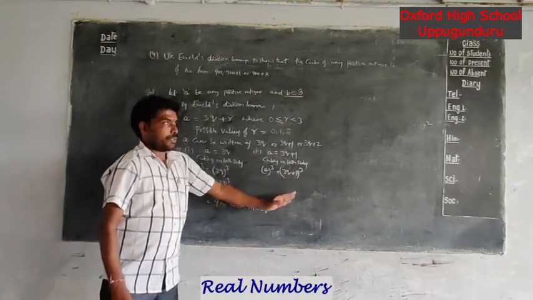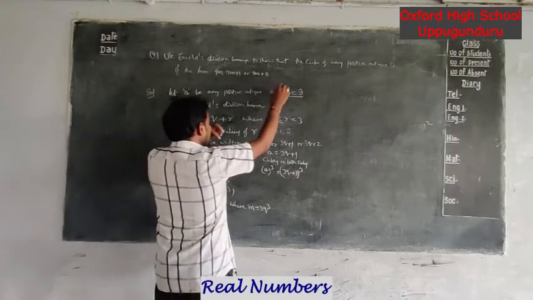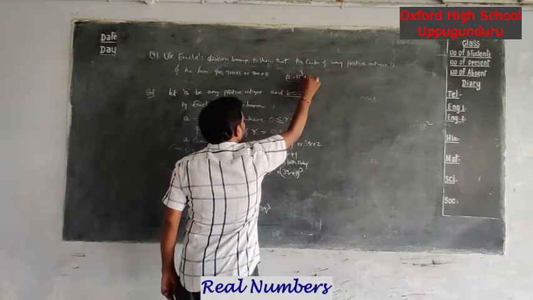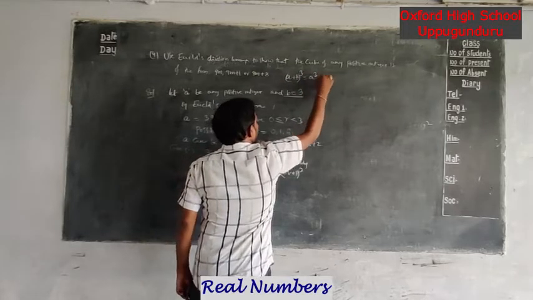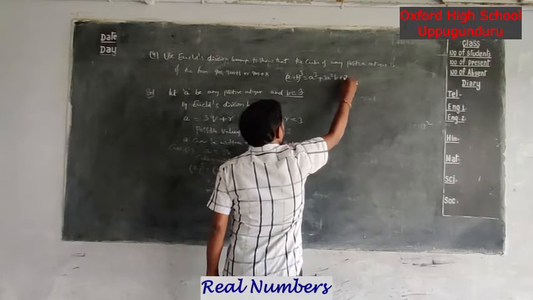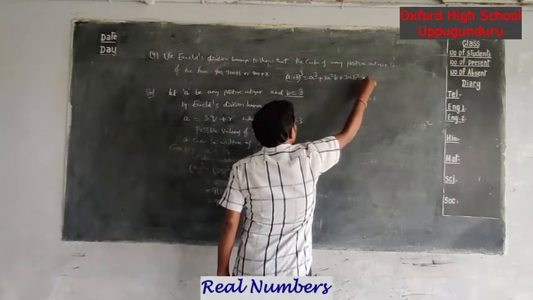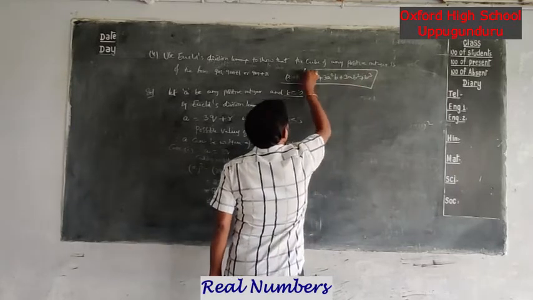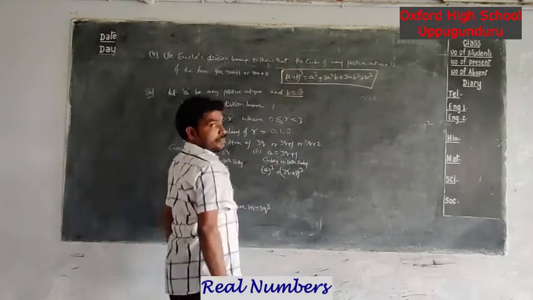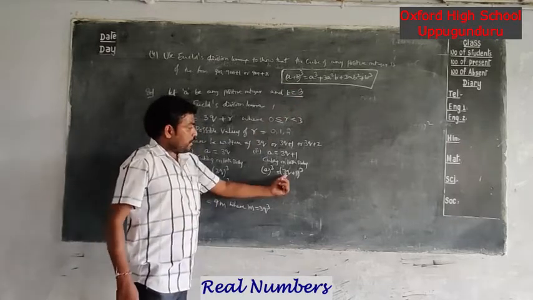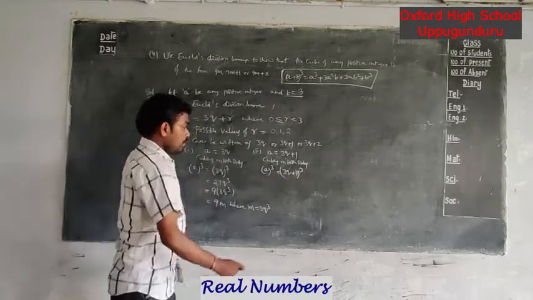So we have to expand this by using the algebraic identity, a plus b whole cube equal to a cube plus 3a square b plus 3ab square plus b cube. This identity we already learned in 8th class. So using this identity, you have to expand 3q plus 1 whole cube.